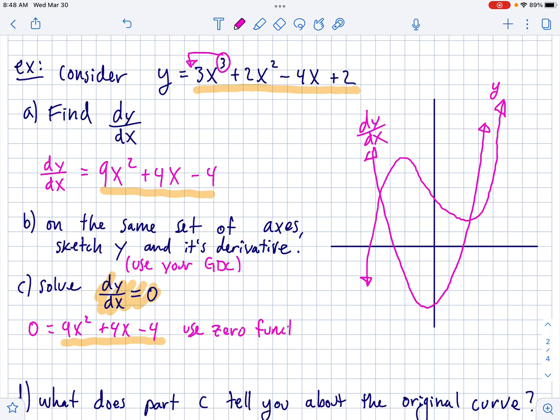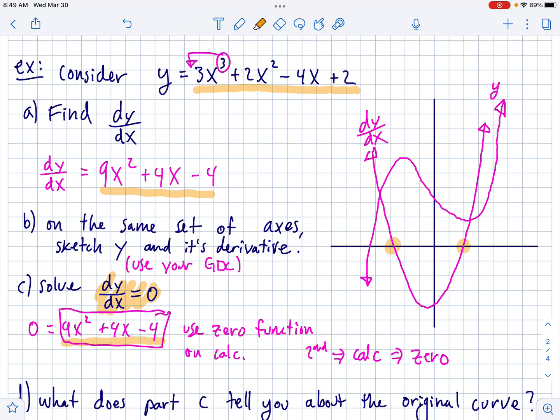So here's what I want you guys to do. Use the 0 function on your calc. What I mean by this is just graph 9x squared plus 4x minus 4, and then you go second, back to the calc menu and use the 0 function.